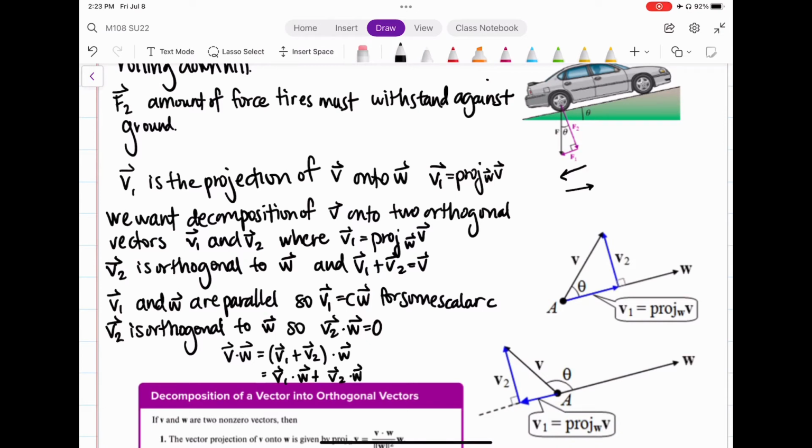We know that the dot product of vector v2 and vector w is 0, so the dot product of vector v and vector w is just equal to the dot product of vector v1 and vector w.